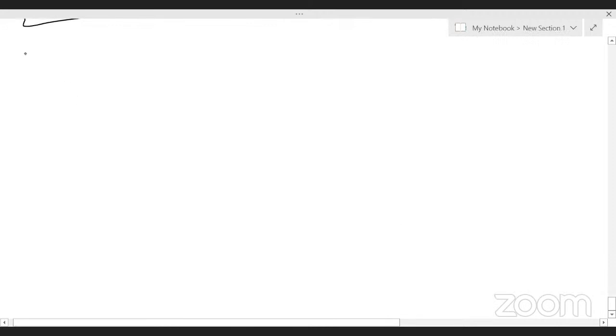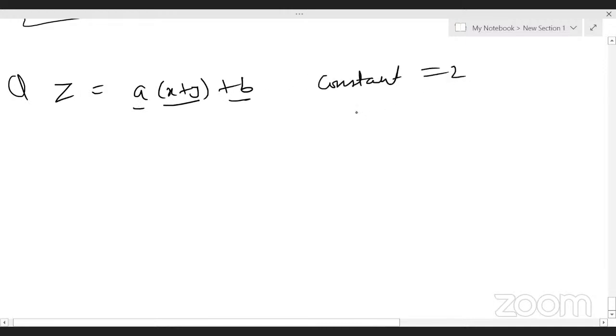So let's say if I give you a question, Z is equal to A times X plus Y plus B. Here the number of independent variables is 2, X and Y, and the number of arbitrary constants is also equal to 2. So therefore, the order of the PDE must be 1, right?